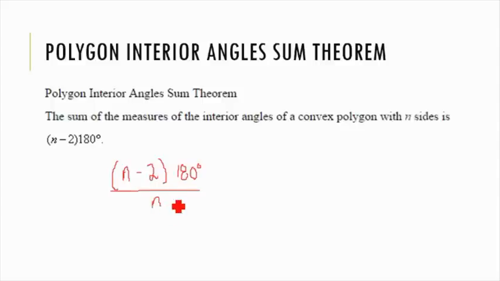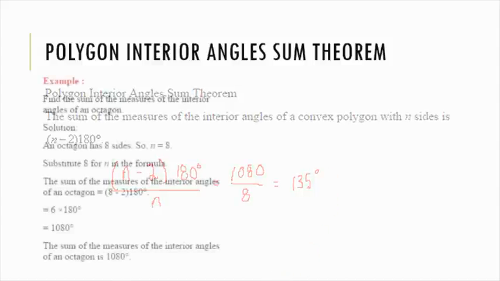So I would have to divide that number by n. Since we just found that the total sum of the interior angles is 1080, I would divide that by 8 because it's an octagon. There's 8 interior angles. And so each interior angle of an octagon is 135 degrees.